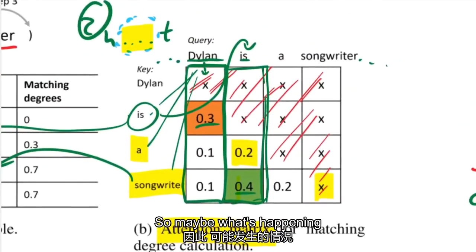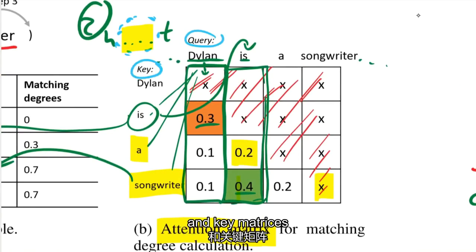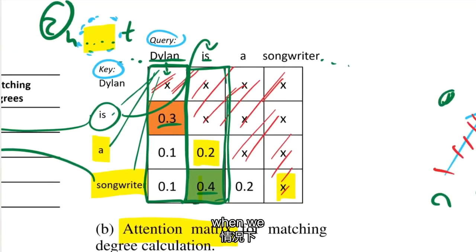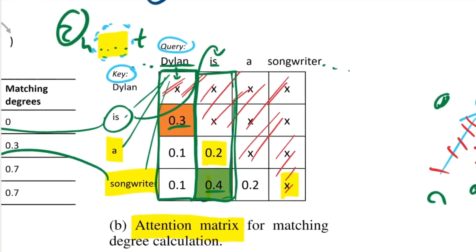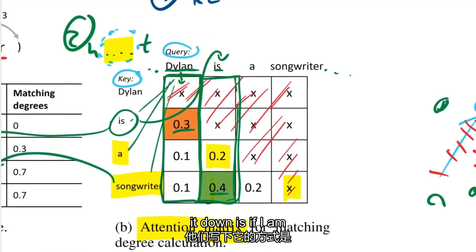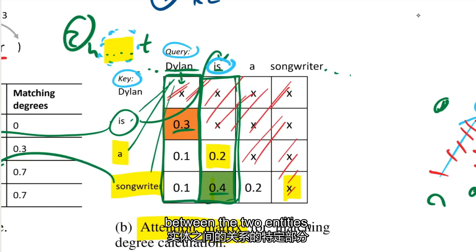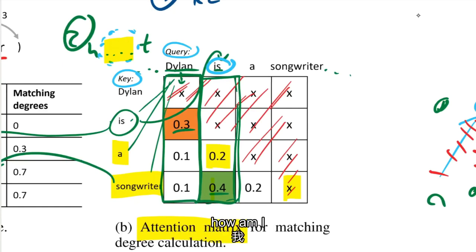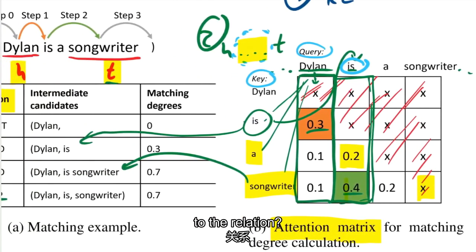So maybe what's happening is that the query and key matrices are switched up in some way. In that case, when we want to interpret the algorithm, the way they write it down is, if I am at a particular part of what I think is the relation between the two entities, how am I going to find whether or not there is more to the relation, right?